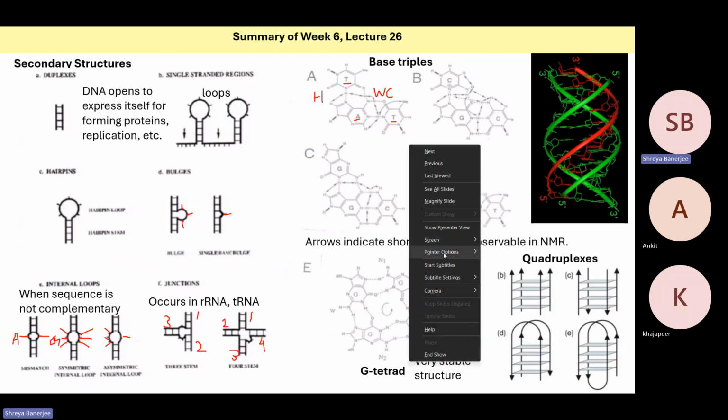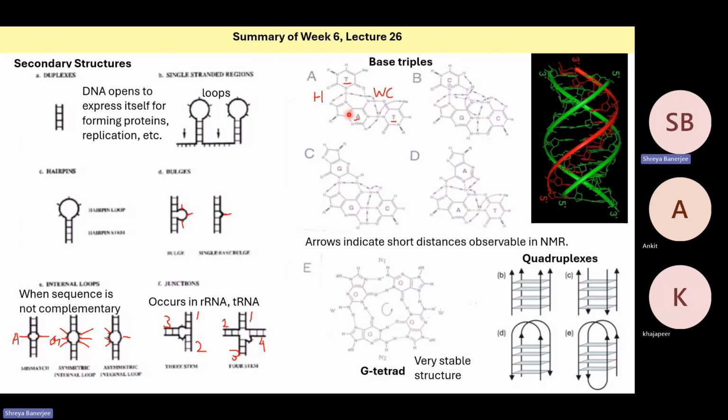The Hoogsteen hydrogen bonding forms from both the 5-membered and the 6-membered ring, and the Watson-Crick only forms from the 6-membered ring. Both can happen at the same time in order to form what is called a triplex.